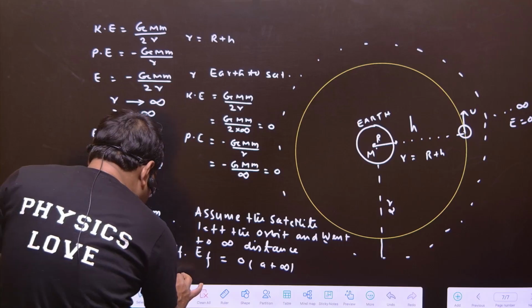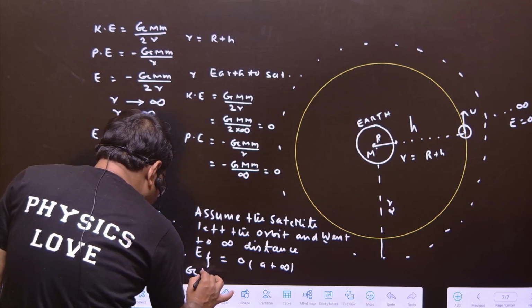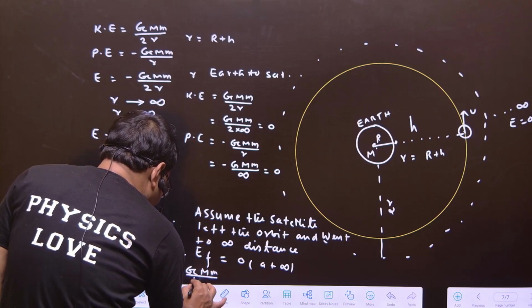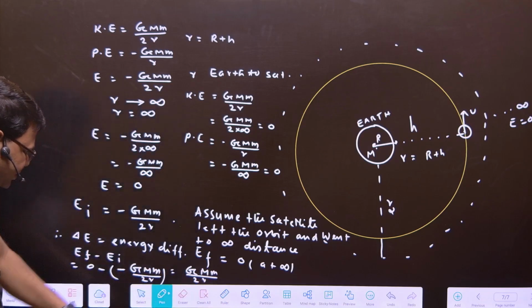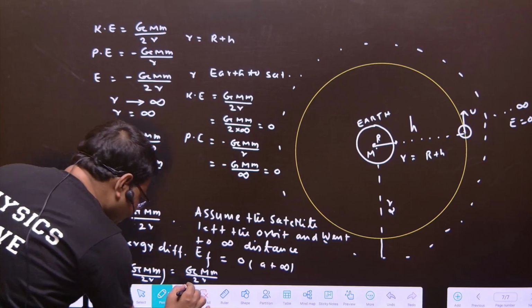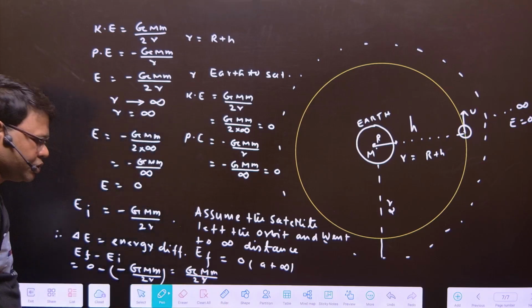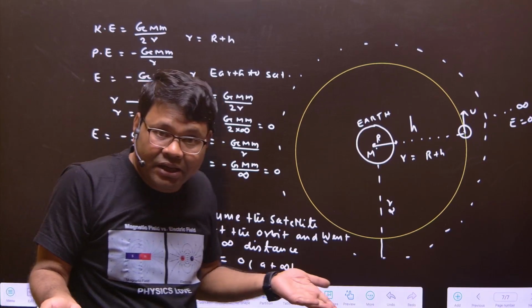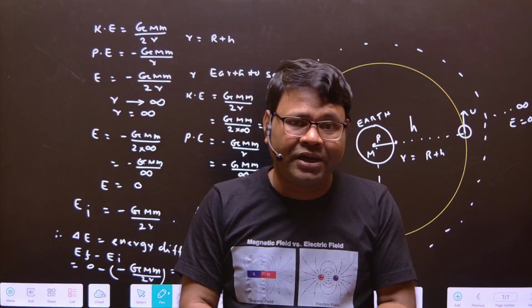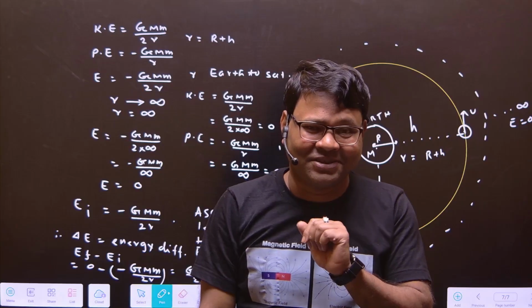After calculation we get G M m divided by 2r. This energy difference is called the binding energy. Whose binding energy? The binding energy of the satellite, which comes out positive.